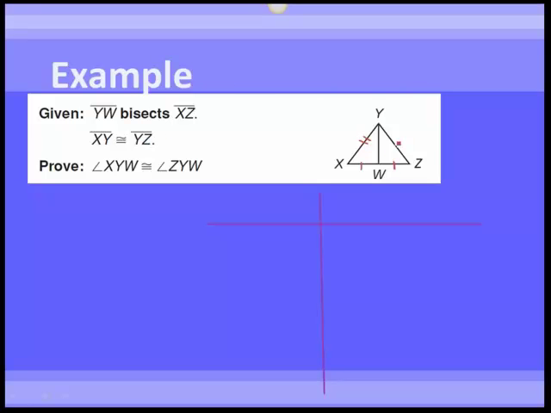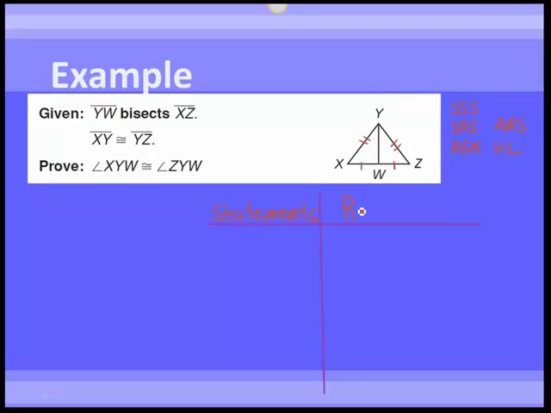Now, I'm trying to prove that these triangles are congruent. So we know that we have five things we can use. And so I'm thinking because YW is congruent to itself, we can use the reflexive property and use side-side-side.